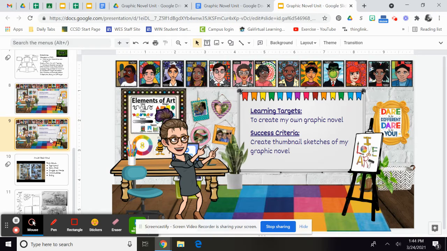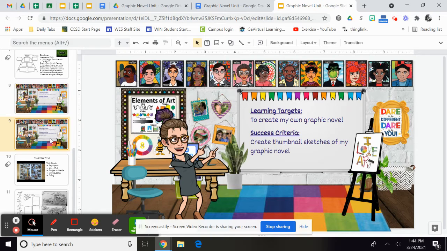Now, our overarching learning target again is to create our own novel. So our thumbnail sketches are kind of like the rough draft version of our graphic novel.